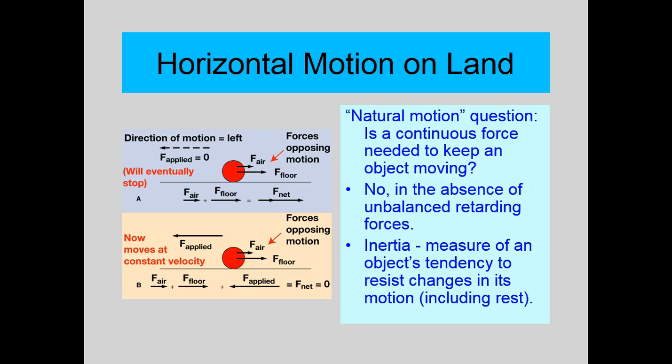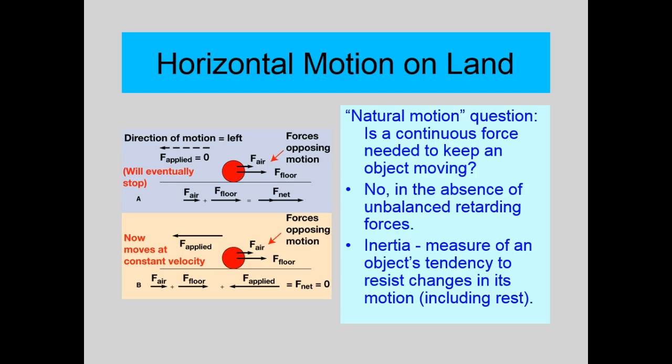Now, say you're applying a force in this direction. And if that force is exactly the same as the sum of these two opposing forces, now we have zero net force. If it is moving this way, it never stops. Because a net force on it, anything negative or positive, is going to change its motion.